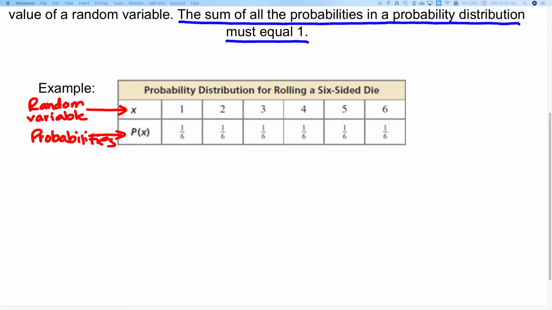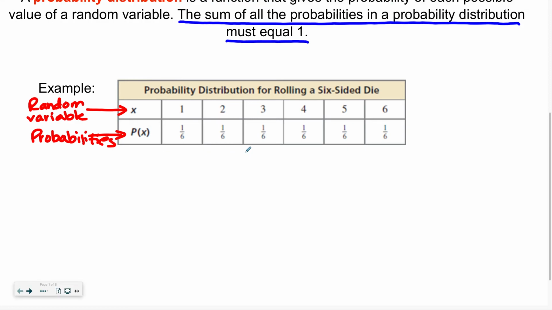And I've mentioned this before as well. Whenever in a probability distribution all your separate outcomes have exactly the same probability, 1/6, 1/6, 1/6, we can call this a uniform distribution.